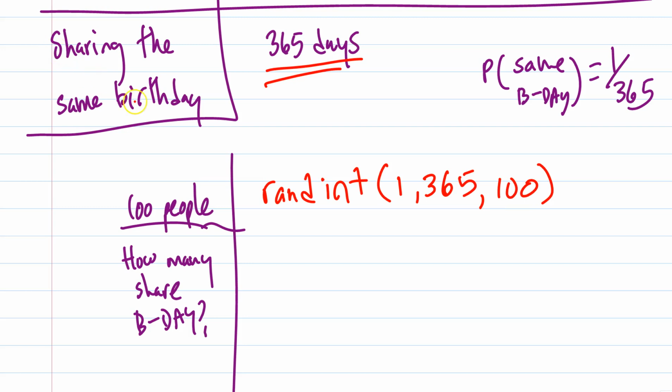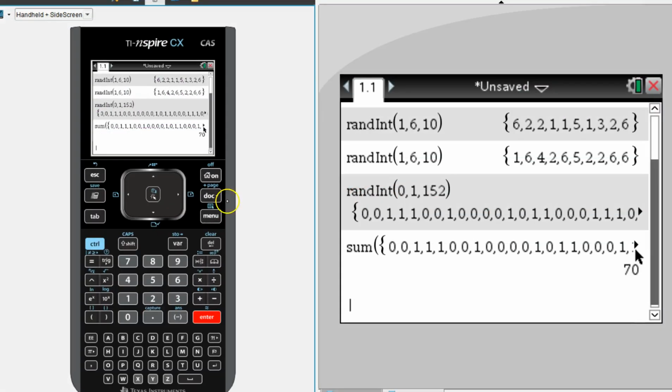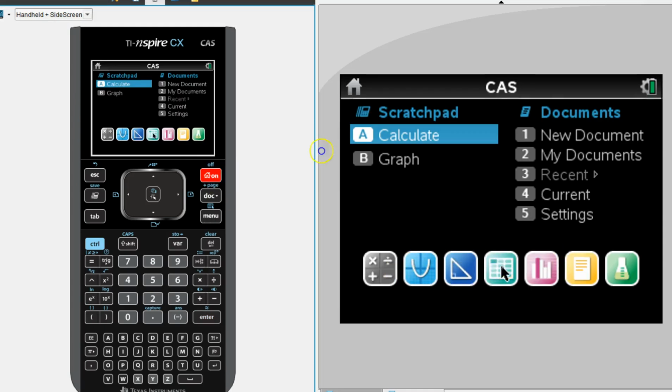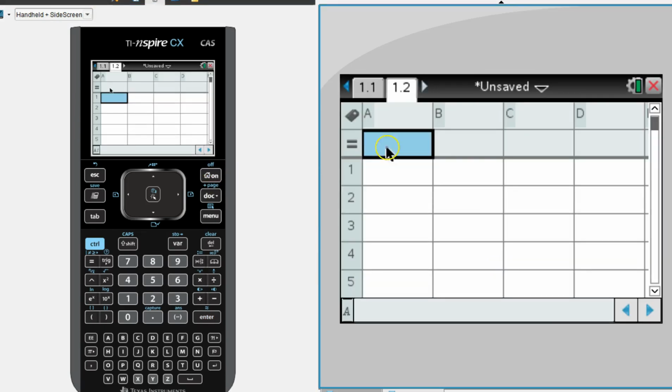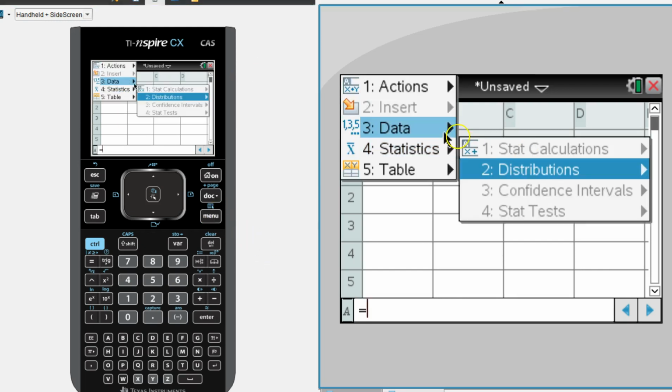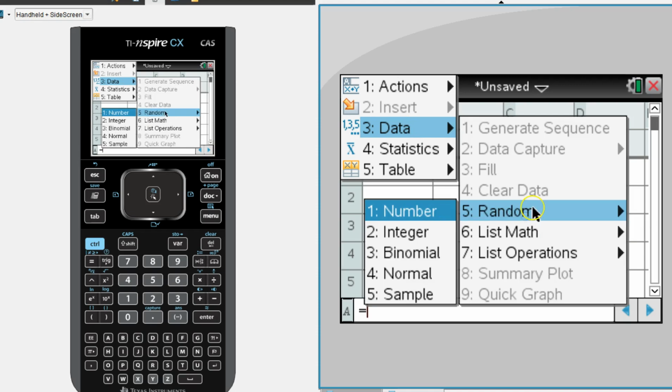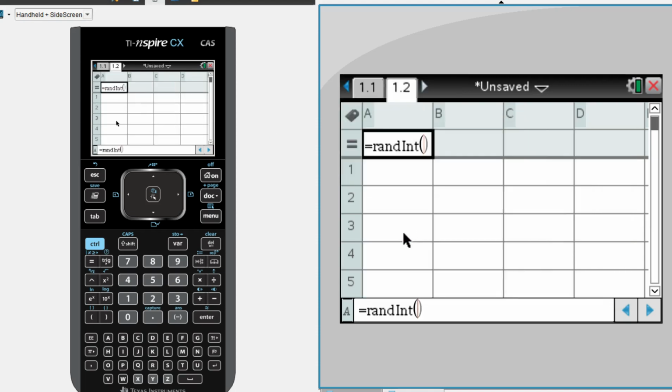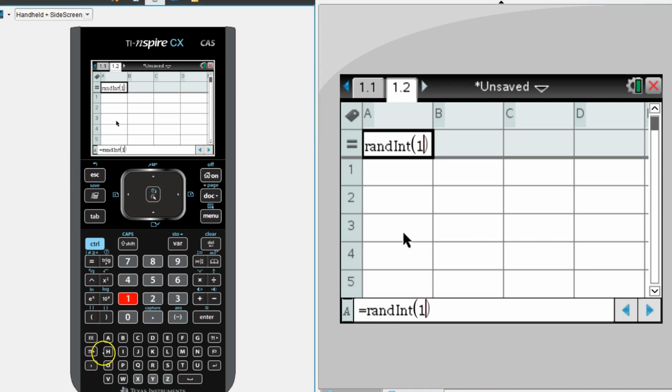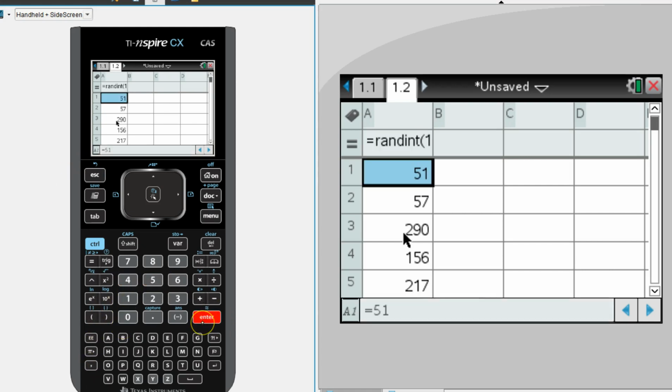So I'm going to go back to my calculator, and in a spreadsheet, right here, I'm going to go up to the equal sign and do statistics, no data, random, there it is, integer. I can also just type it in. I'm generating days from 1 to 365, and we are doing 100 because there's about 100 teachers at the school I was at.